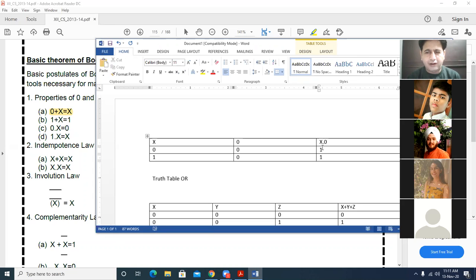So 0 and 0 is always 0, but 1 and 0 is also 0 because there is a 0 there. So look at here, the overall result is 0, we got all 0s. So it is proved that 0 and x is always equal to 0.